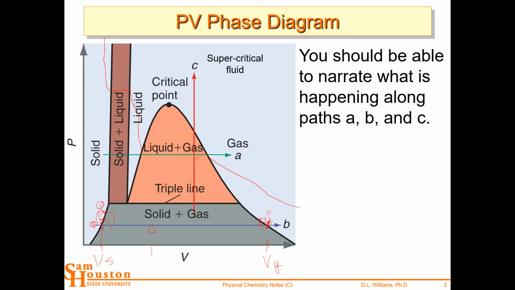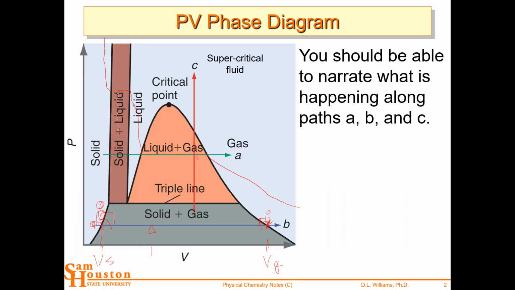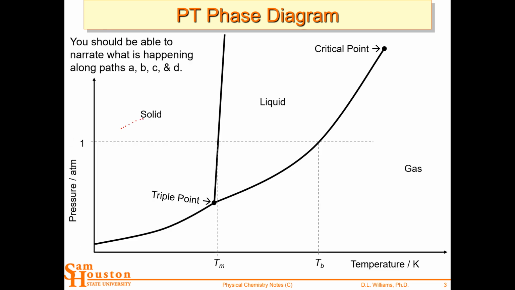And so this orange-looking face right here is going to flip sideways and is this line right there. And this brown solid-liquid panel is going to flip sideways, and it's this right here.